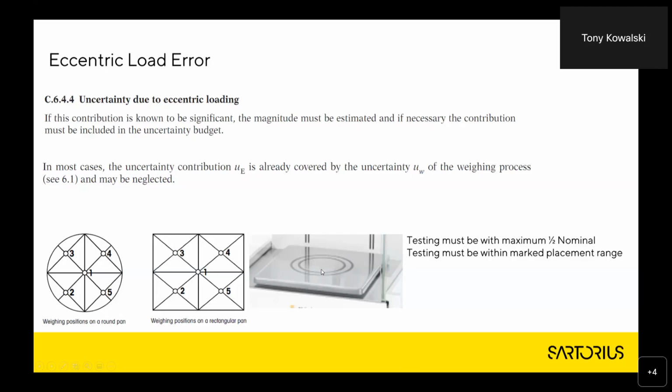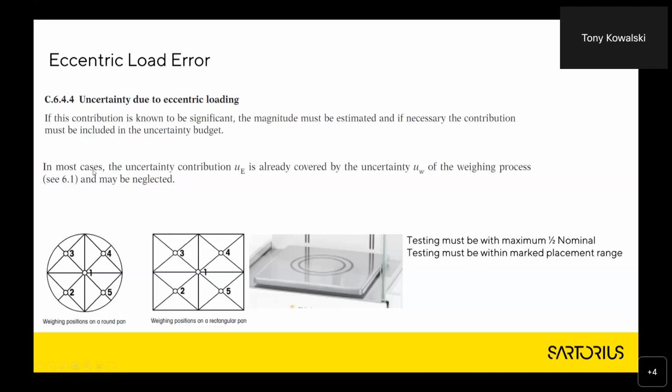And in the OIML, they do tell you if you've determined the corner load, it doesn't necessarily have to be added in to the combined uncertainty, because in the process of doing 5 ABA cycles, you already have the corner load incorporated.